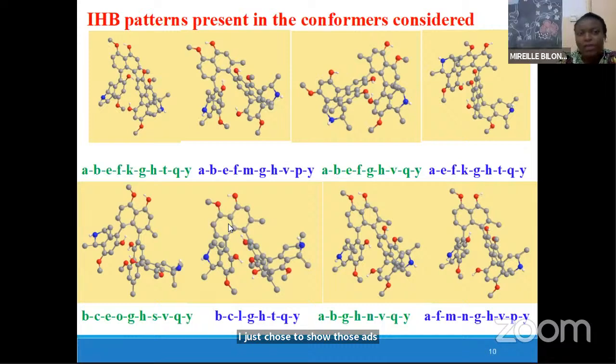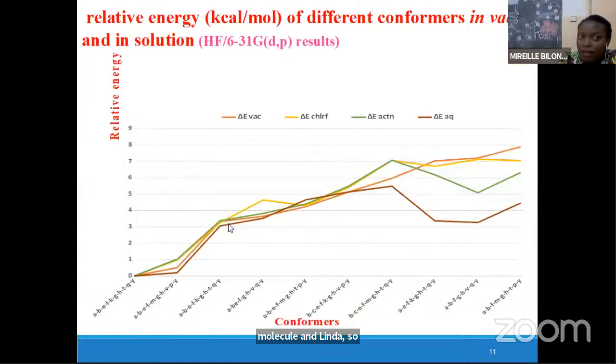So we also evaluated the relative energy of this molecule in different media. So in vacuum, in acetonitrile, chloroform, and water. So we find that the relative energy was decreasing with the increase of the polarity. So we find that in water, it was having a low relative energy.